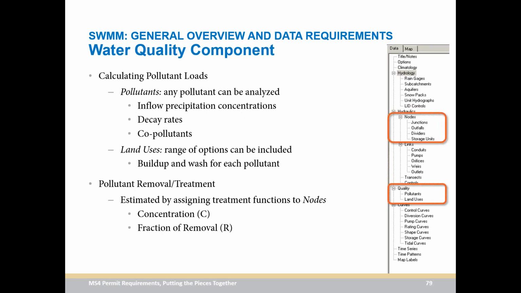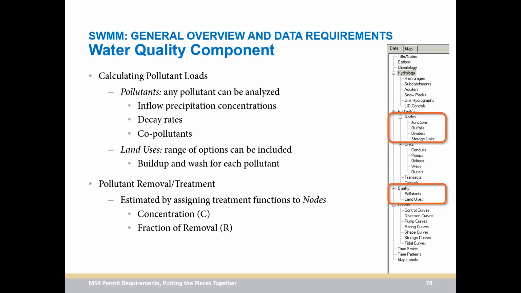So how do we assess pollutant loads in SWMM? Pollutant loads are usually assessed by assigning a pollutant load concentration for each land use type that has pollutant capability.